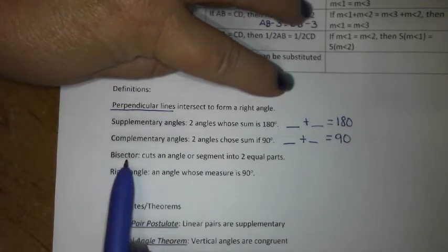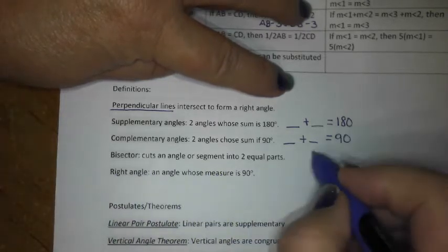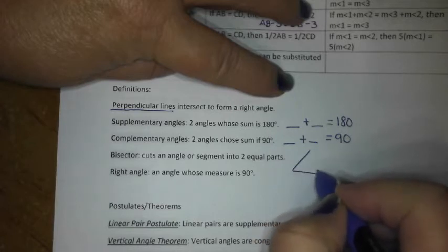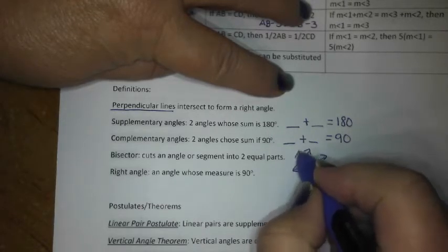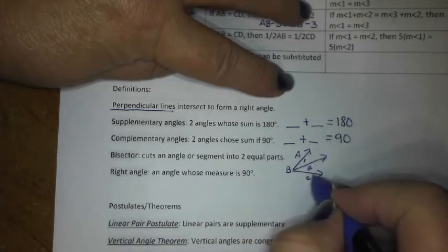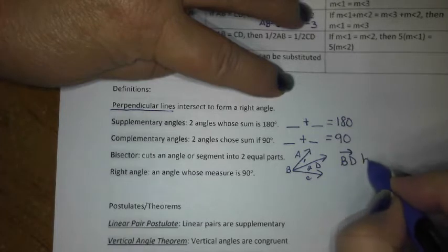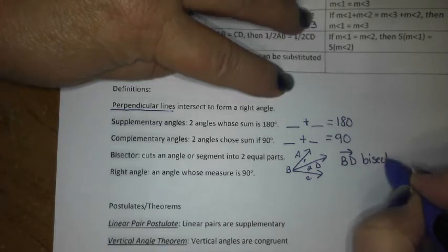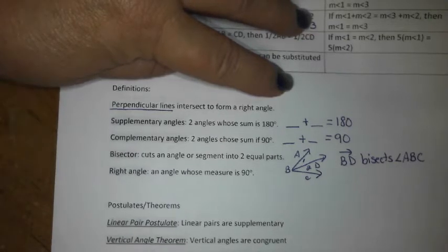Now we have the definition of a bisector. A bisector cuts an angle or segment into two equal parts. So for example, if I tell you that this ray is a bisector of the angle, so if I said ray BD bisects angle ABC, well, what do we know?